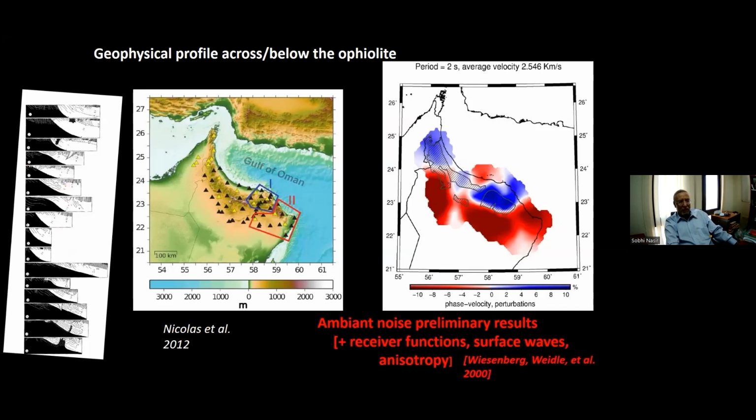And mostly they got ambient noise preliminary results from receiver function, surface wave anisotropy, etc. So there's a need to redo these experiments with new equipment and a new study, especially to study the profile of the Ophiolite remaining in the Gulf of Oman as well as in the Makran area.